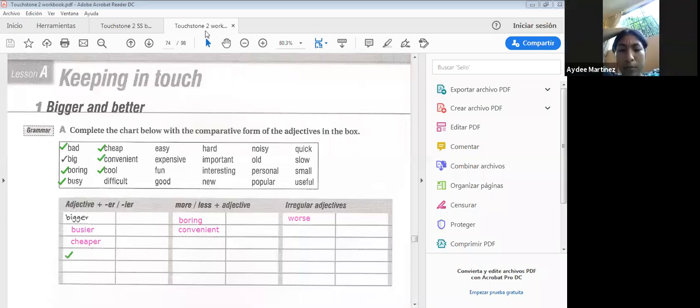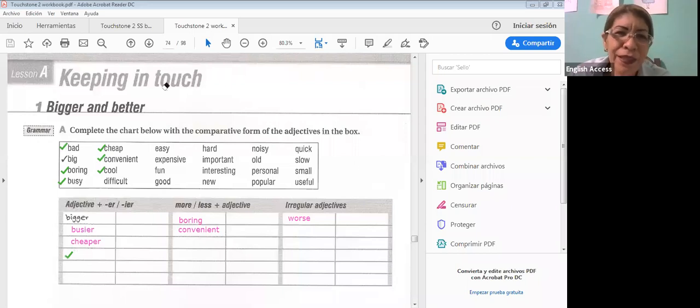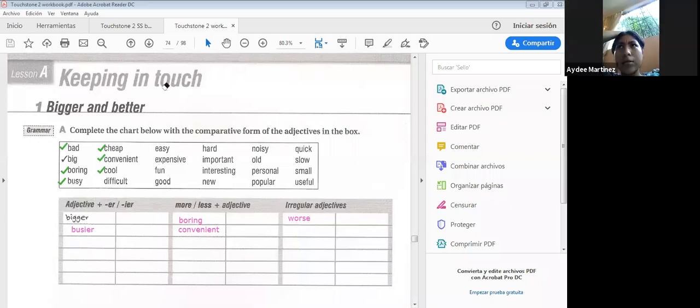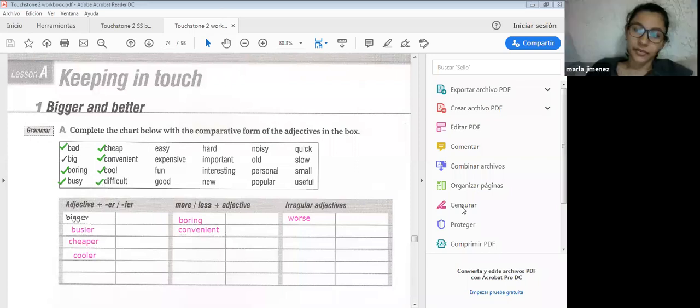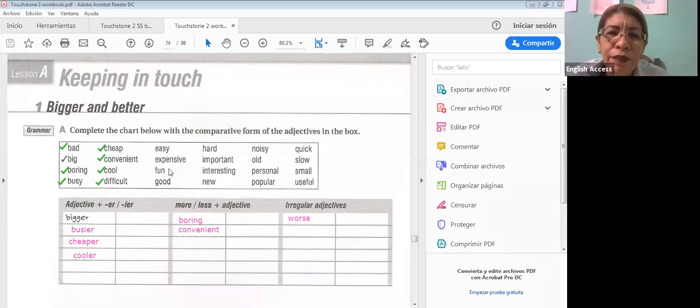Yes. Difficult. Okay, correct. Then it says difficult. More difficult. Yes, more difficult, or it could be less difficult. Like this.